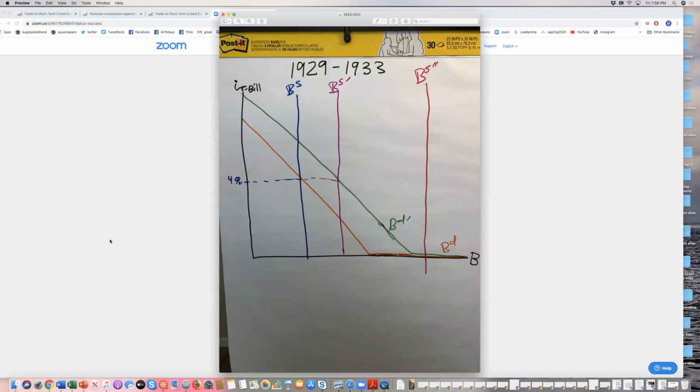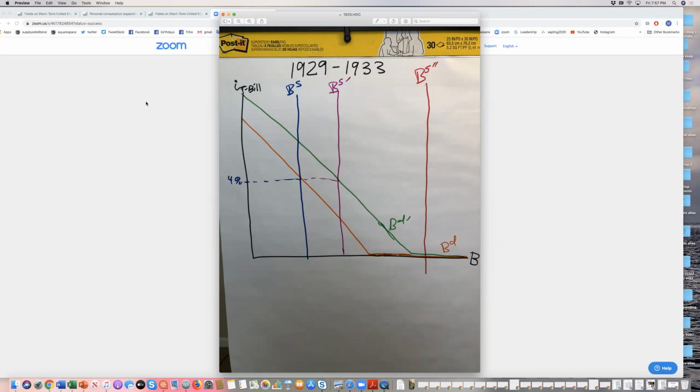So in the last lecture about supply and demand for the monetary base in the Great Depression, we saw that the bank failures did increase the demand for cash and for reserves, which is shown by this shift in the demand for the monetary base from the red to the green, but that the supply of the monetary base went up by Fed action to keep the nominal interest rate at about 4%, and later on, the supply of the monetary base went up to bring the nominal interest rate down to zero. And we talked about the effects of that on the economy.